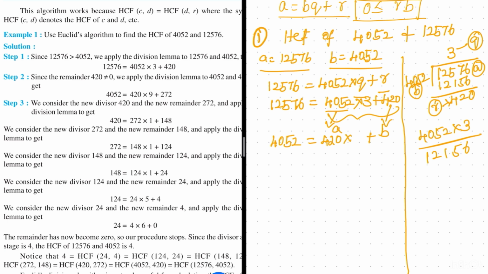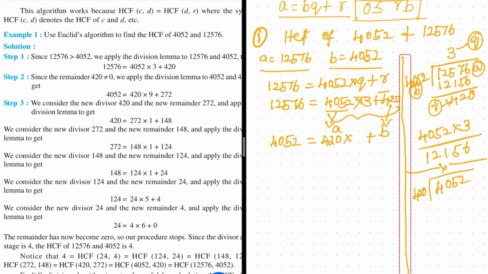So again we are going to divide 4052 by 420. It comes approximately 9 times.